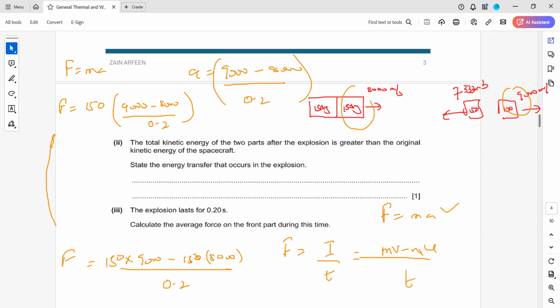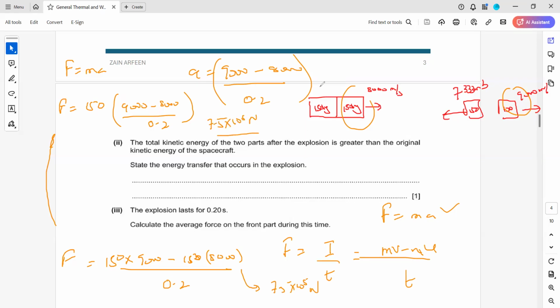Actually, it's the same formula, just modified for the impulse. So these two will give the same answer for the force. What's the answer for the force? 7.5 exponent 5. So the answer for the force is 7.5 into 10 to the power 5 newtons, and this will also give the same answer, 7.5 into 10 to the power 5 newtons.